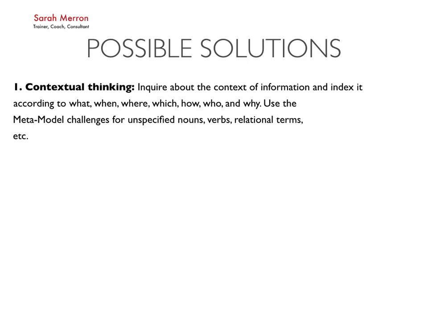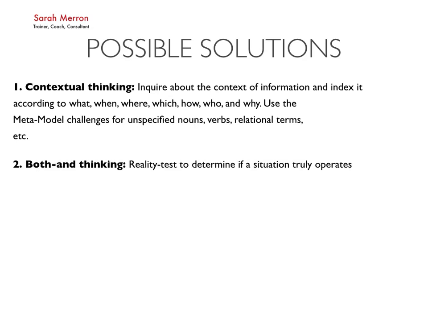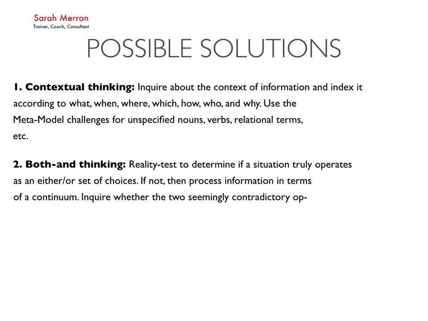The second one is a duality, really. It's both and thinking. So this is how we really run a reality test for the client to assess whether the situation really runs as a set of choices. And if not, we look at it in a very linear way so that we are using time.